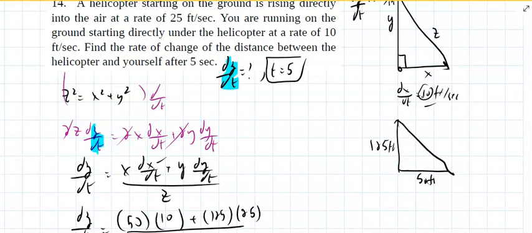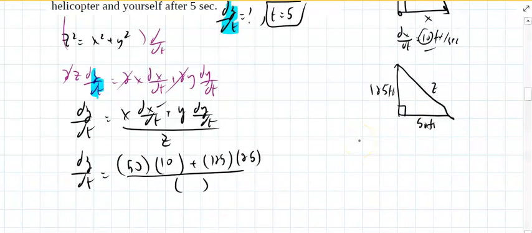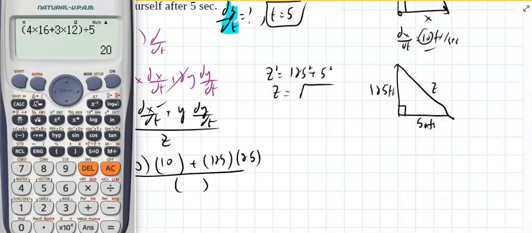And the distance between you at that one time is z squared equals 125 squared plus 50 squared. So z equals the square root of that. What is that, by the way? I want to check. What's 125 squared plus 50 squared?